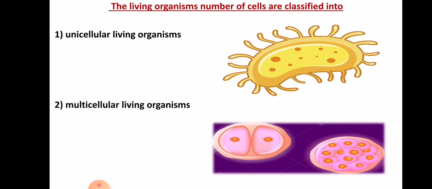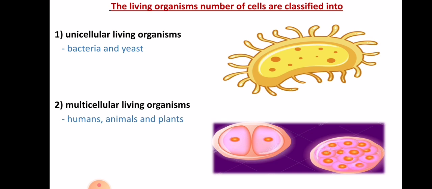Some organisms consist of one cell, and these are called unicellular living organisms, like yeast and bacteria. And the other classification is about living organisms which have more than one cell, like humans, animals, and plants.